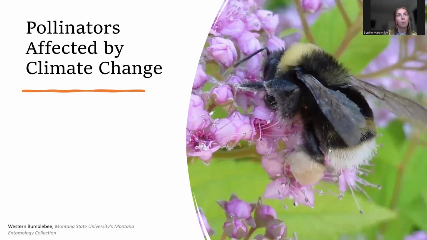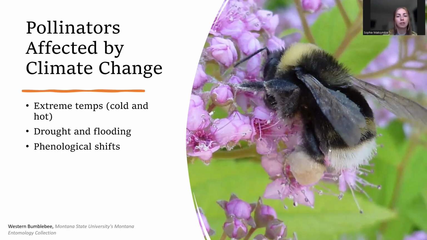Thinking about why pollinators are affected by climate change, there's a few things here. Extreme temperatures are interfering with their physiological capacity to adapt. Drought and flooding is interfering with their life cycle. And phenological shifts are occurring, leading to things like earlier or later seasons. And these earlier or later seasons are potentially causing phenological mismatch between pollinators and plants.